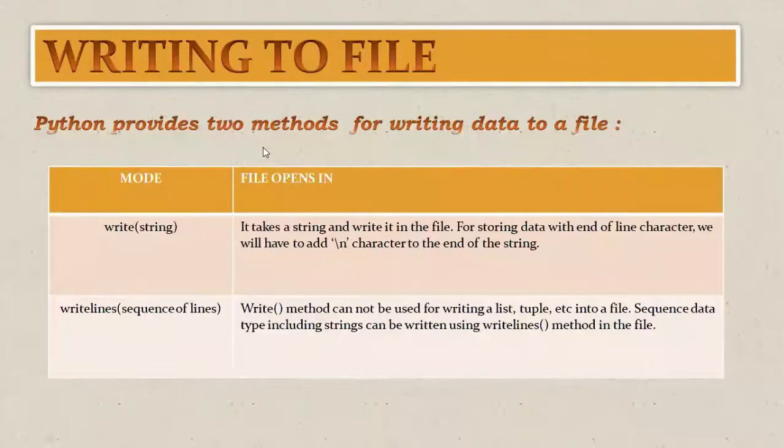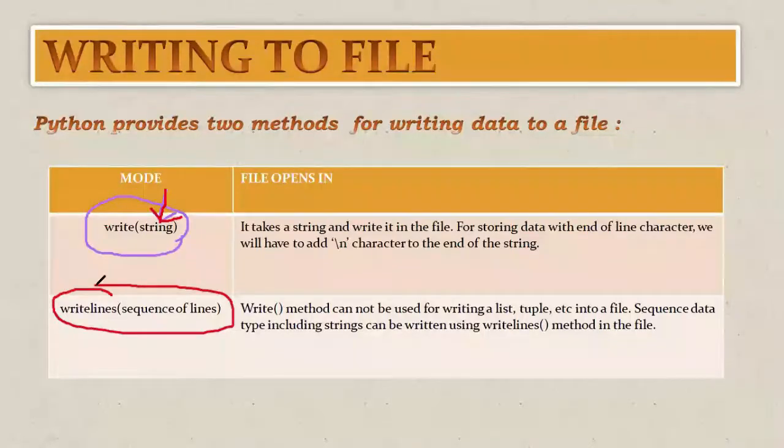To write data inside a file, Python provides you two methods. The first one is the write method with some string, and this string will be written inside the file. The second is writelines. When I use writelines, in the brackets as the parameter, I will provide either a list or a tuple or any sequence data type.